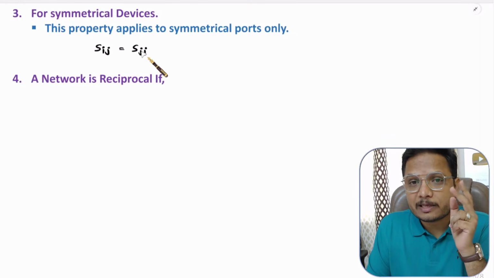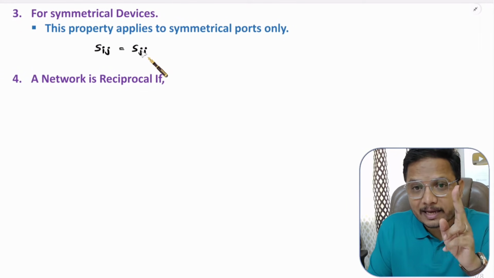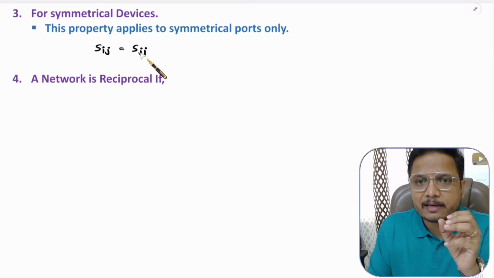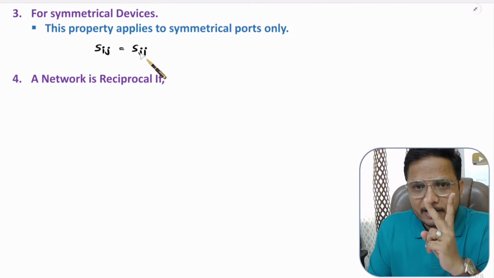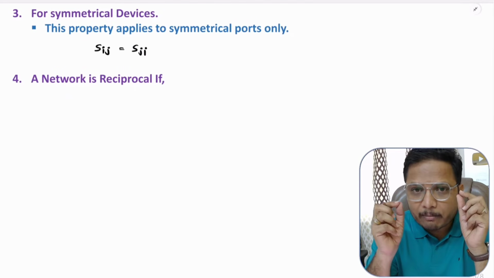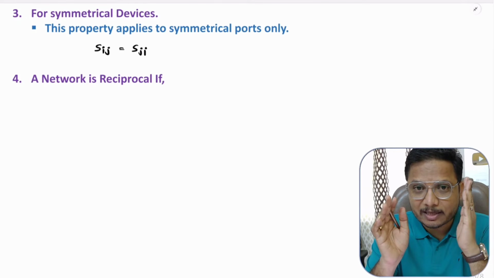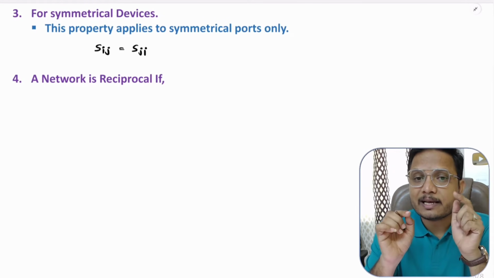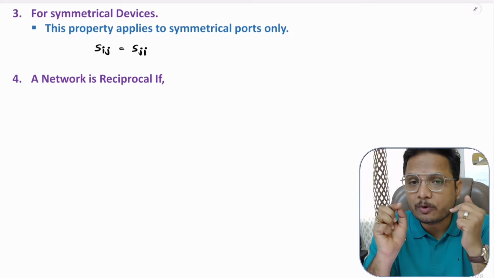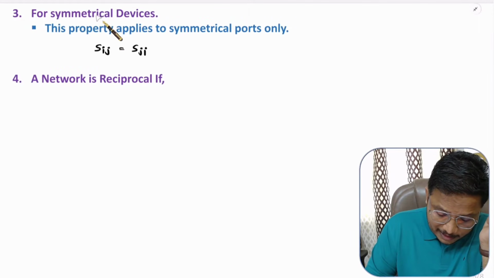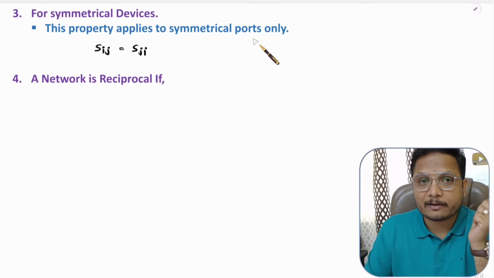So here with respect to i and j, the device should be symmetric. If we have a 2-port device, port number 1 and port number 2 are both symmetric with respect to each other. So in that case you can say S12 equals S21, right? So the property of symmetricity is applicable only if the device is symmetric, right?